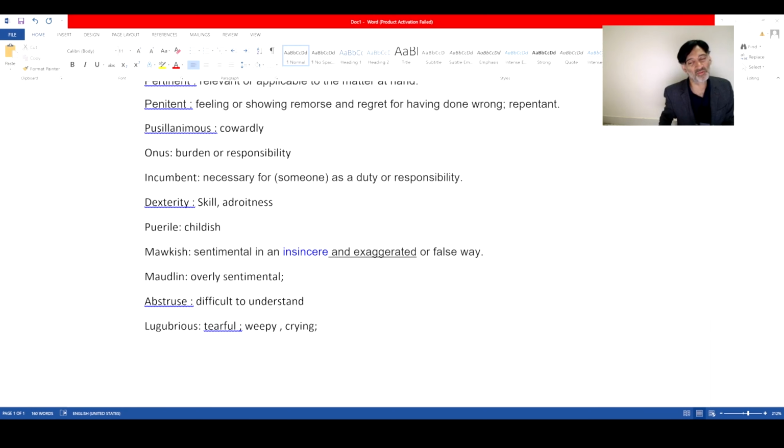Let me think about another word. Let's say capricious. What is capricious? I would say it is fickle, right? Whimsical, capricious, right?